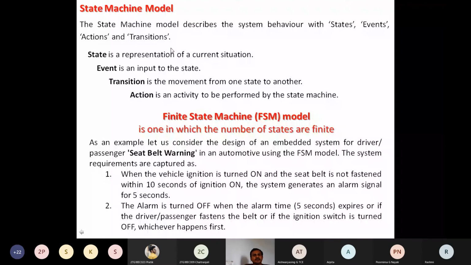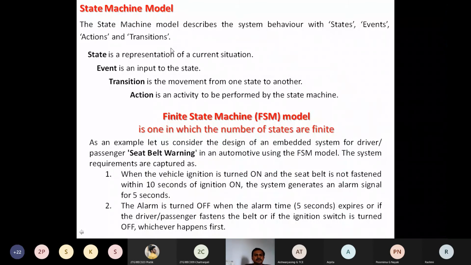Just concentrate on this example, because it is going to be continued for all the remaining models. It is the state machine model. Then comes another one, the concurrent processing model, then the object-oriented model. So how are you going to deal with these processes, the same task, and how is it implemented?